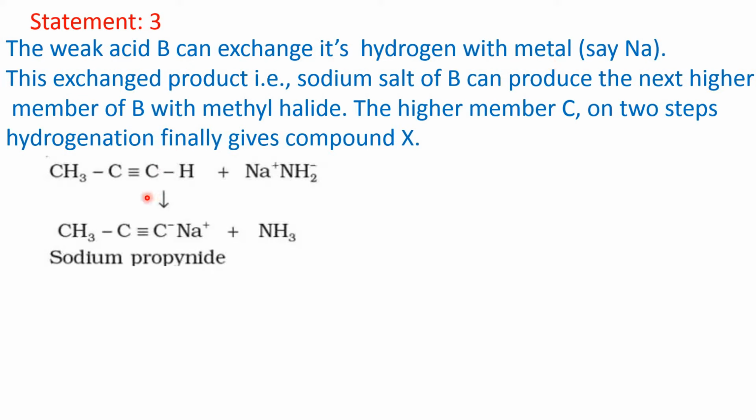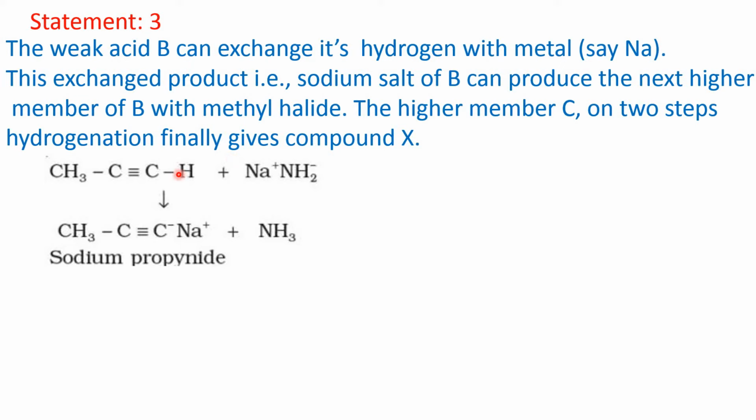Now you see, acetylene or any alkyne is a weak acid. That means the hydrogen atom attached to the triple bonded carbon atom is acidic, can be released as H plus or can be replaced by a metal ion.